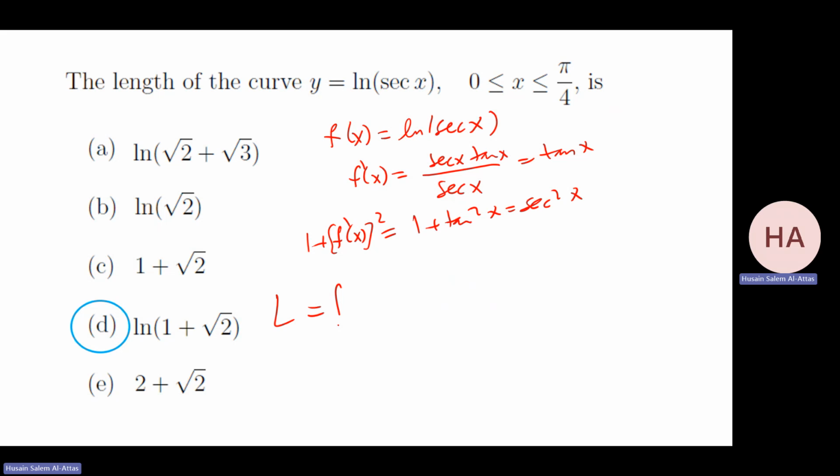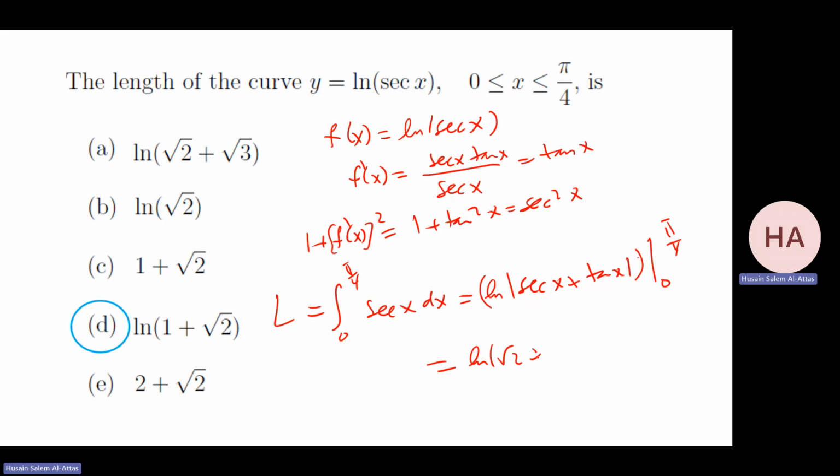So L will be from 0 to pi over 4 of secant x dx. That will be ln secant x plus tan x from 0 to pi over 4, which is ln of square root of 2 plus 1. With the 0, it will be ln 1, which is 0. That's it.